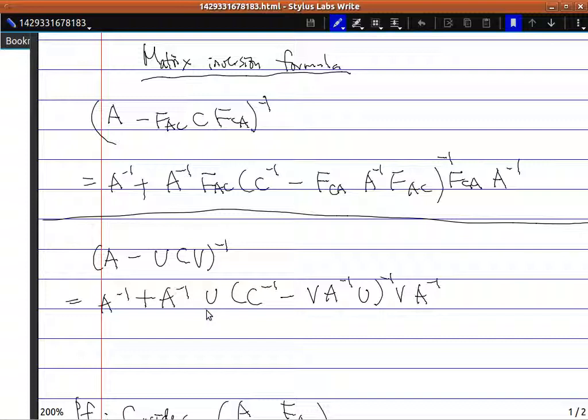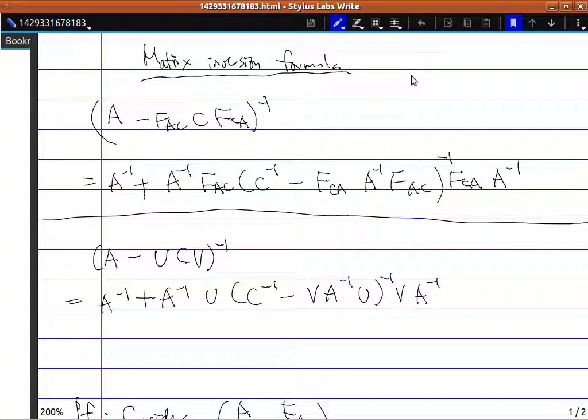As I mentioned, I like to write U and V as F_AC and F_CA here. It's convenient because it reminds me that this matrix F_AC has the same number of rows as A. Maybe I forgot to mention, but of course A and C here are square matrices, but U and V, or F_AC and F_CA, do not need to be square matrices.